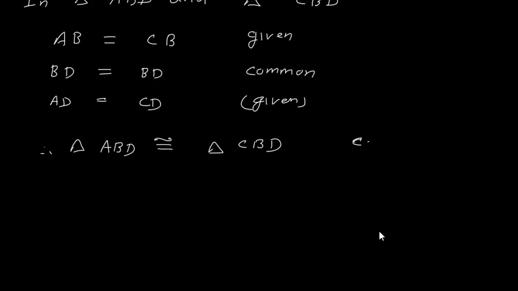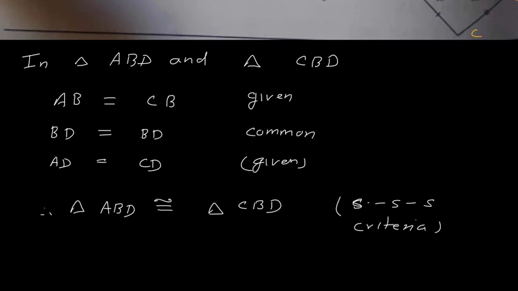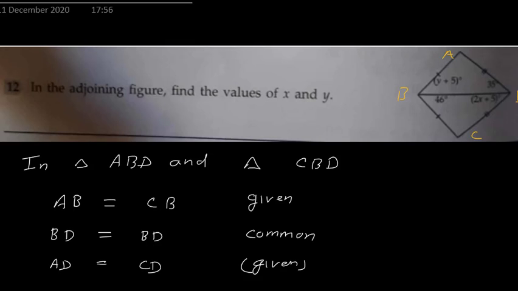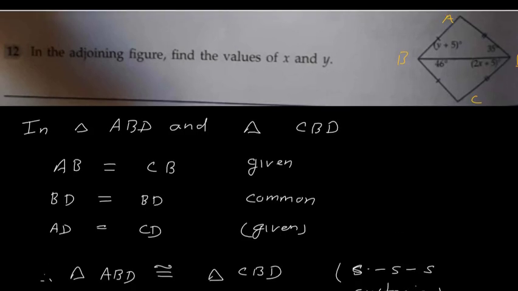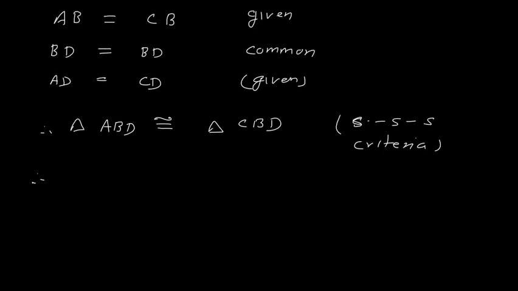Reason is side, side, side criteria. So by side, side, side criteria, these two triangles are congruent. Therefore, angle ABD is equal to angle CBD. This is corresponding angle of congruent triangle.